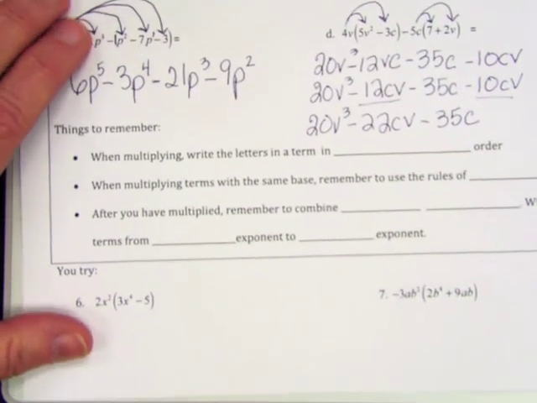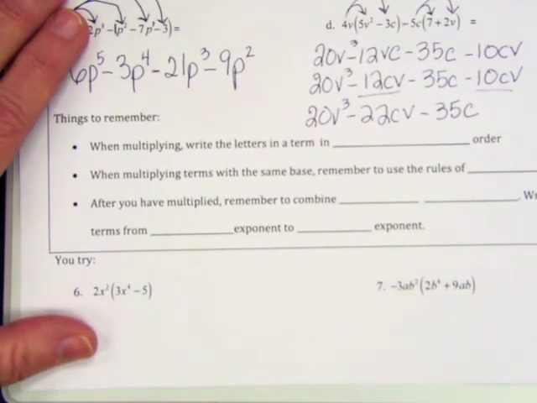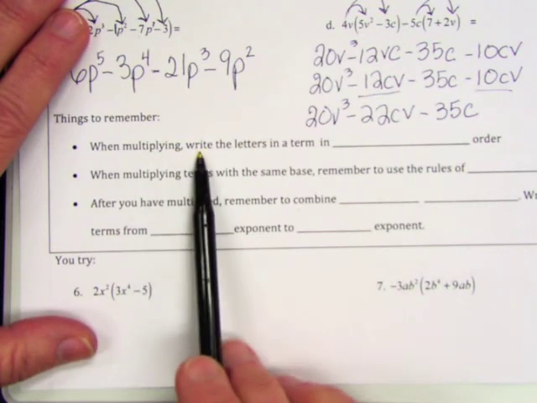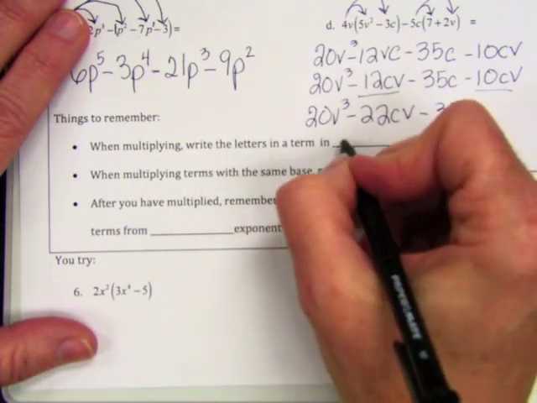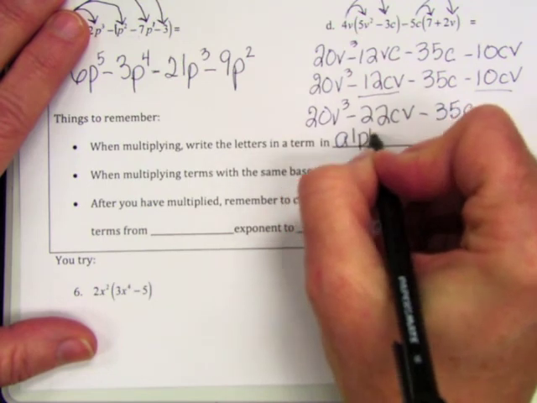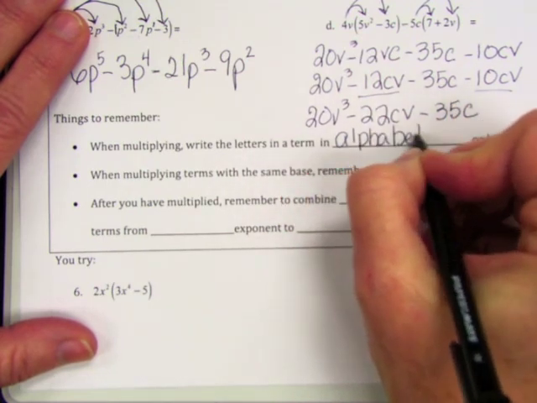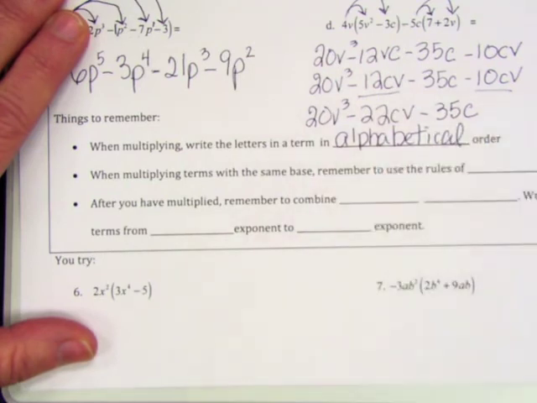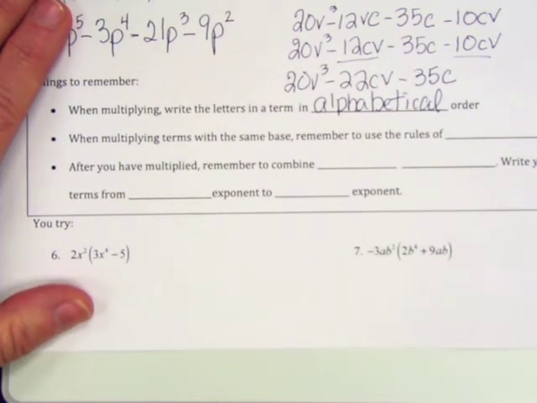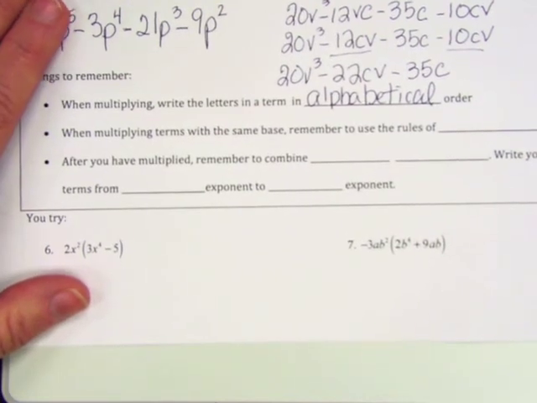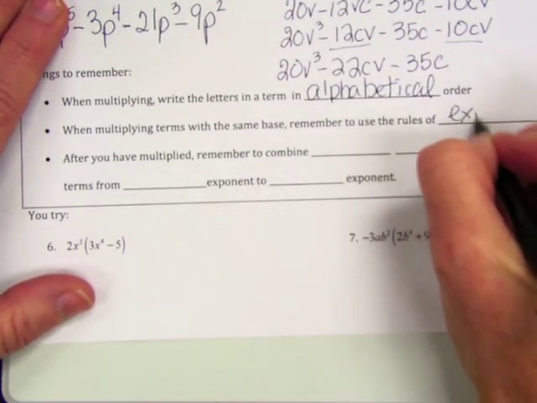So what do we need to remember from this distributing? When multiplying variables, we write the letters in a term in alphabetical order. When multiplying the terms with the same base, remember to use the rule of exponents.